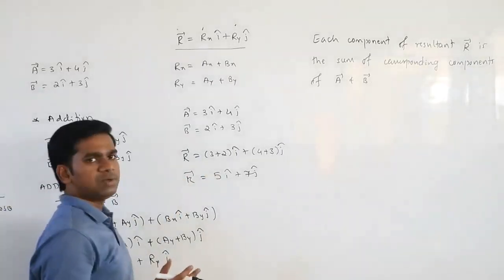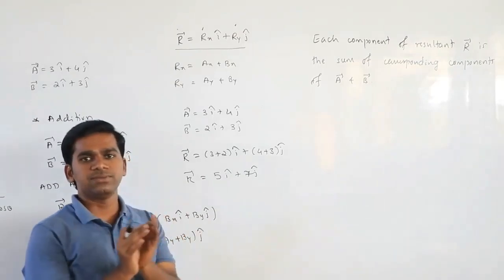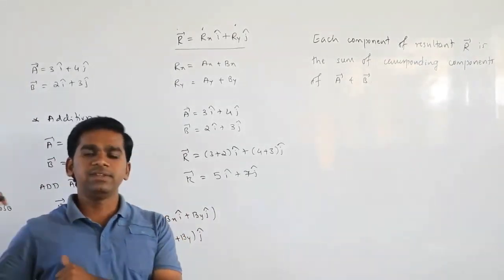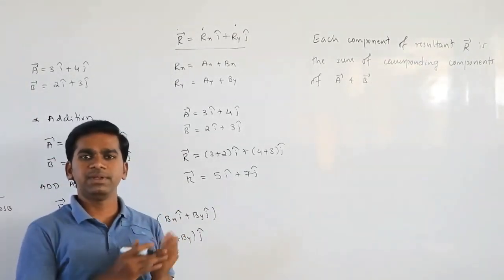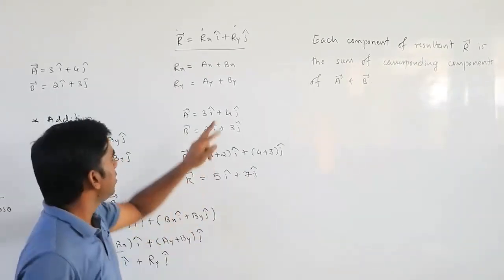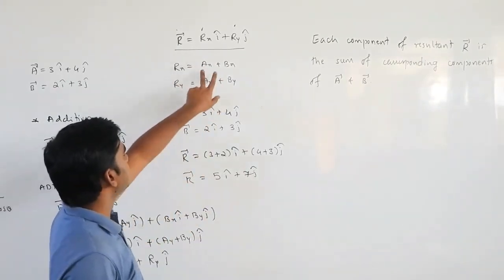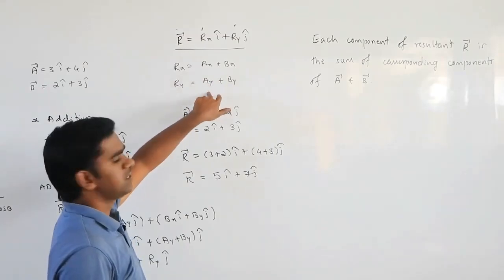Then you may ask, what about the subtraction? Do the same procedure, because in the analytical method we follow the same procedure. We just have to subtract, so the resultant will have a negative sign.